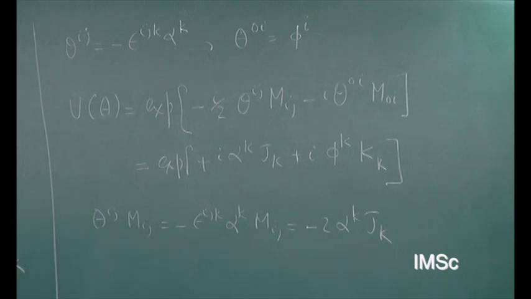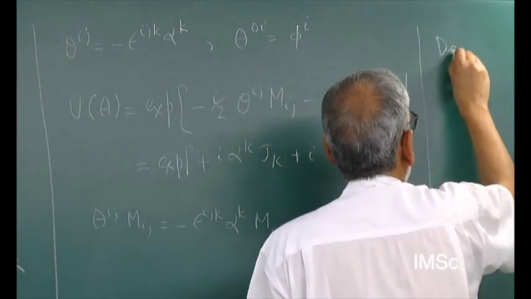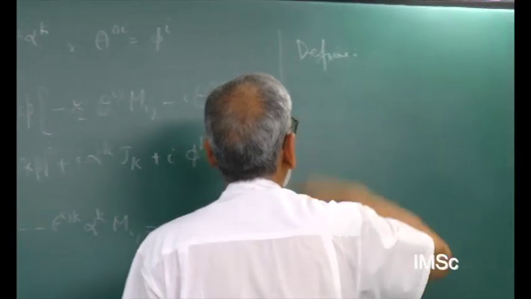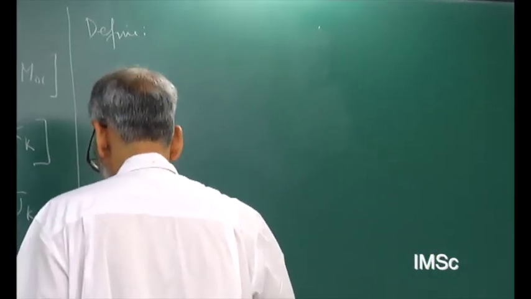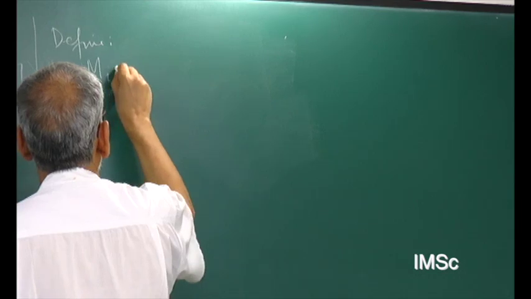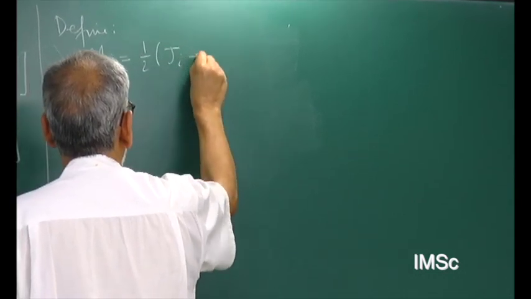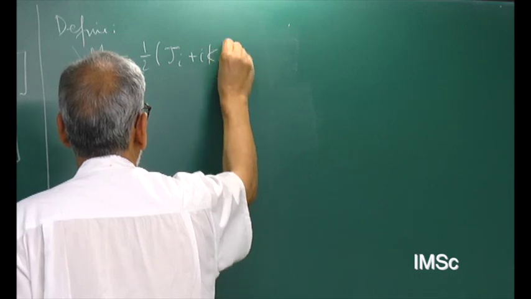There's one more step we need to take before we try to understand the representations of the Lorentz group. And that step is to define another combination of generators. Take Mi as half of Ji plus i Ki.